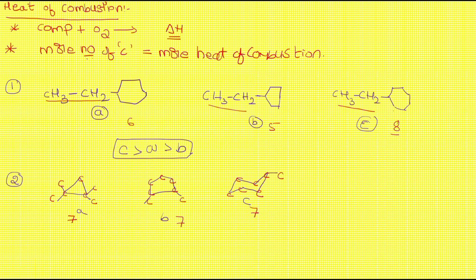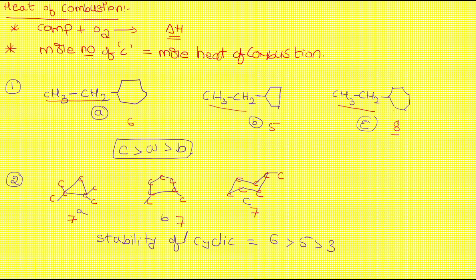These are cyclic systems, and I know in cyclic systems, stability is always 6-membered greater than 5-membered greater than 3-membered. And in heat of hydrogenation, we said more stable automatically means low heat.